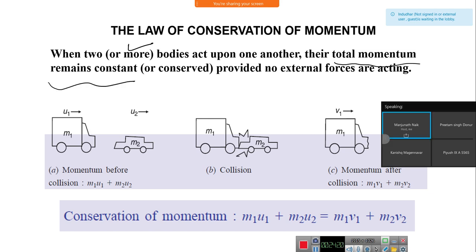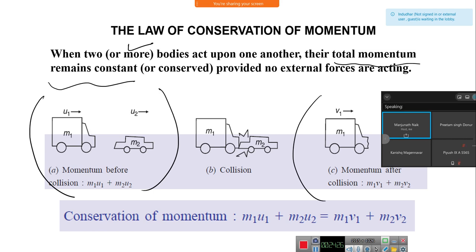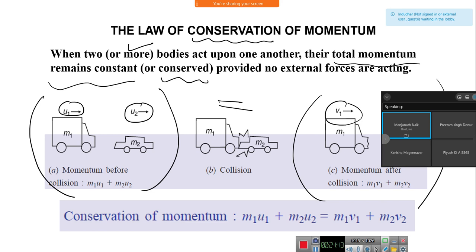What does it mean? Whatever was the initial momentum will remain the same, meaning both will be equal. These velocities may change, they interchange, but the total momentum is conserved, and that is why it is called the law of conservation of momentum.